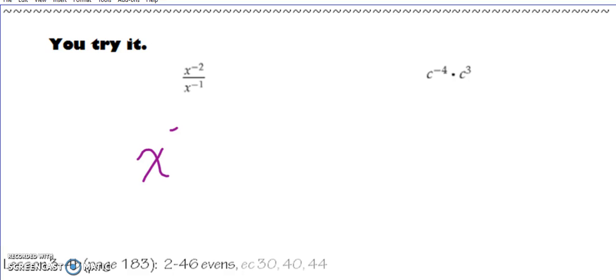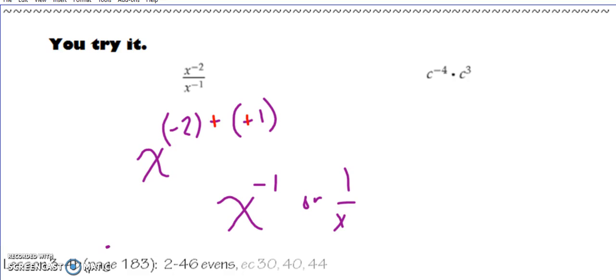That's going to be negative 2 minus a negative 1, and you know also that we're going to add the opposite. And so we would get x to the negative 1 power, or 1 over x. Okay, and then you try it with the last one there. Pause it.